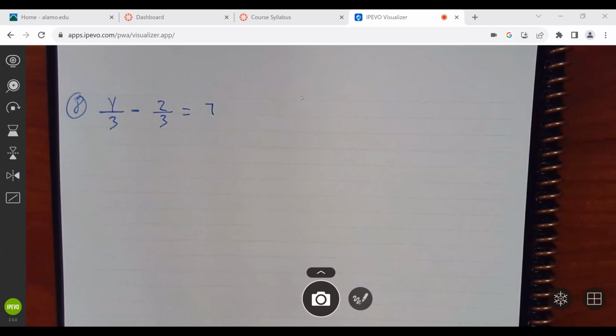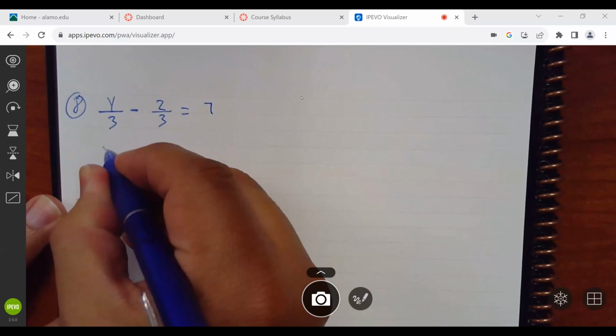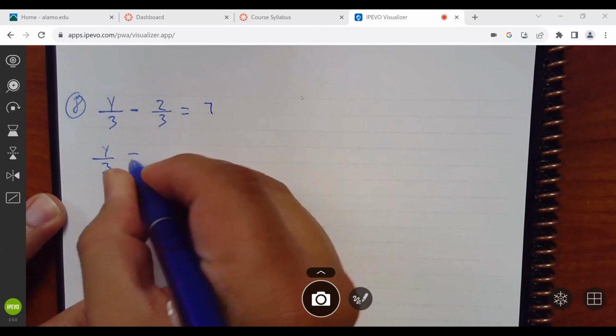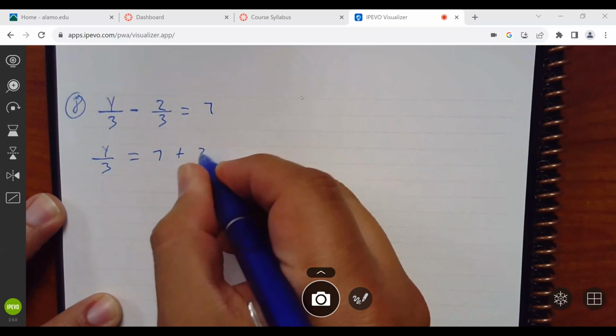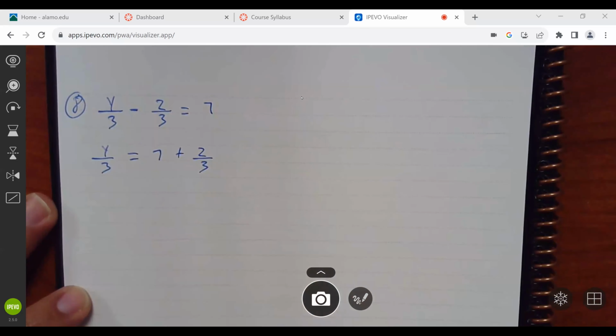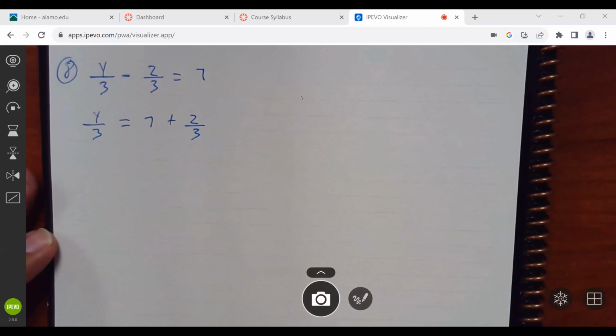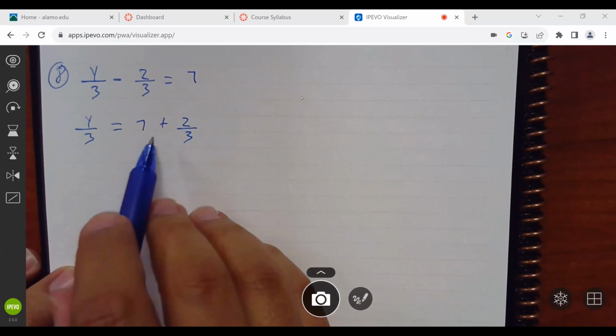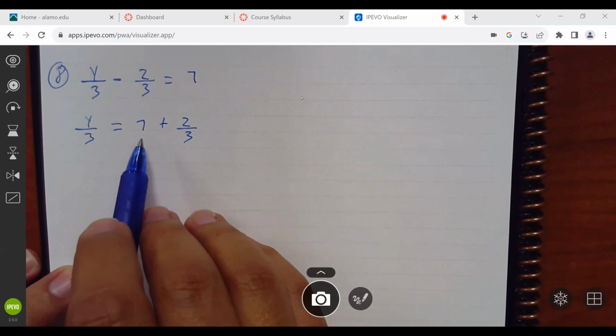You guys said thirds. It doesn't matter which one you put first, as long as they're both positive. So now push it. You can add them.